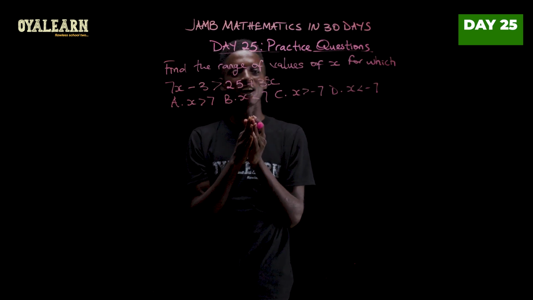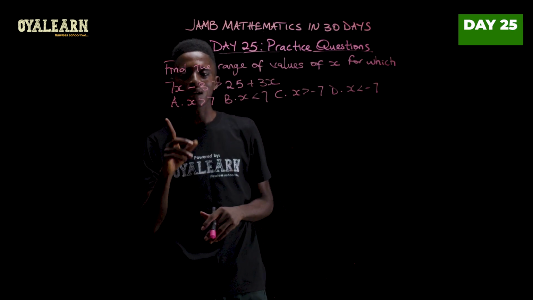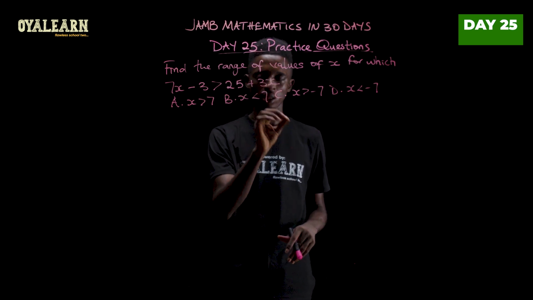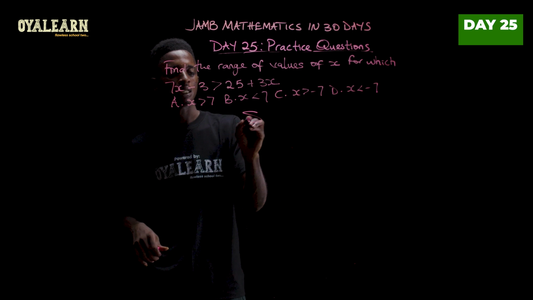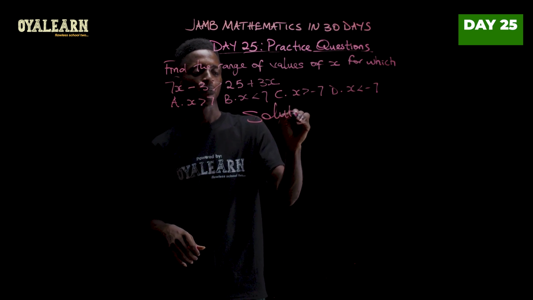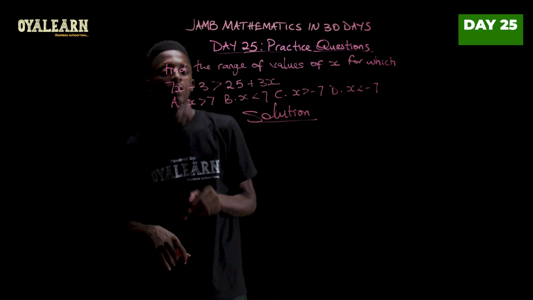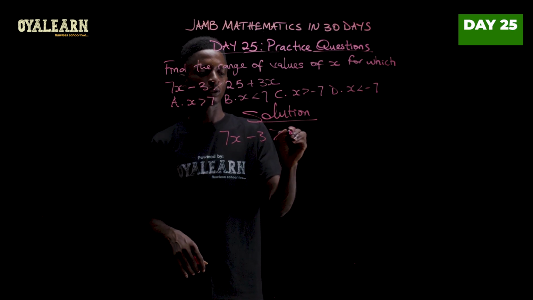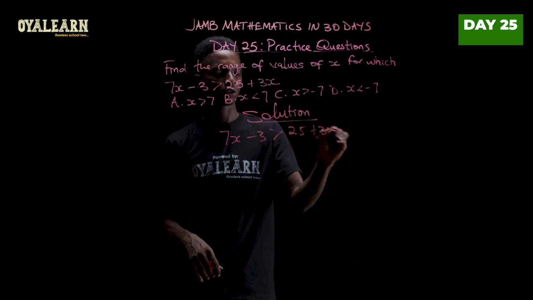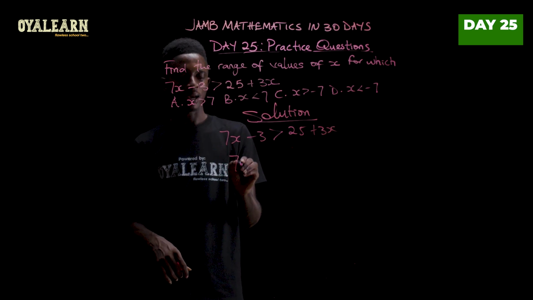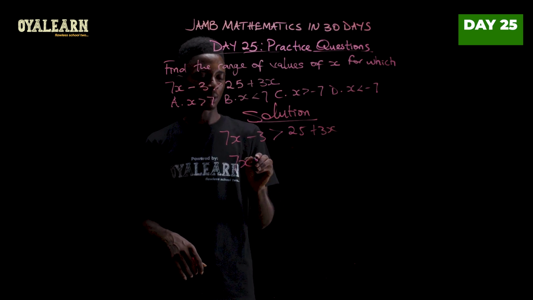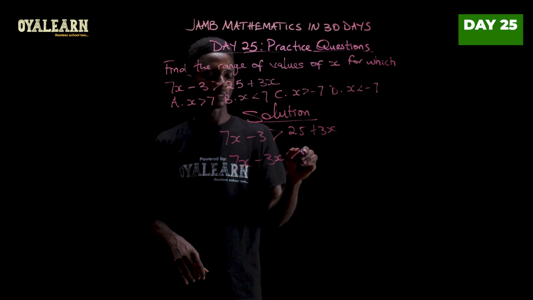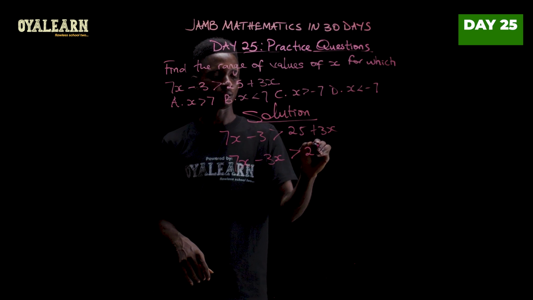Find the range of values of x for which 7x minus 3 is greater than 25 plus 3x. So let's solve this inequality. 7x minus 3 is greater than 25 plus 3x. So collect like terms, and then we have 7x minus 3x, and it's greater than, we have 25 here.